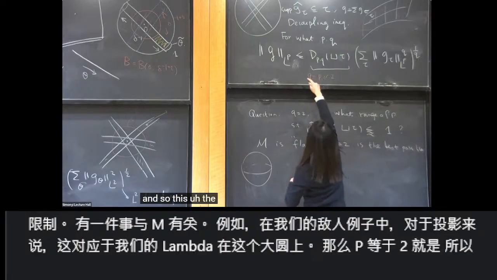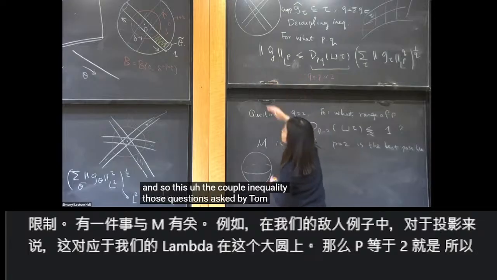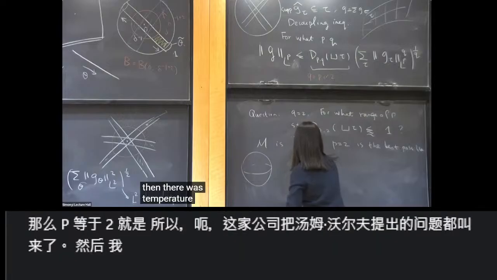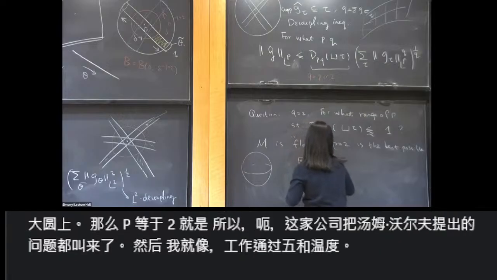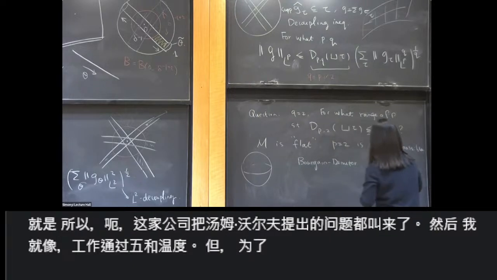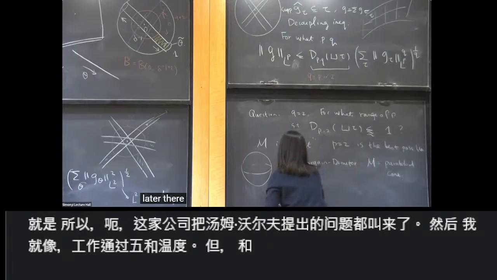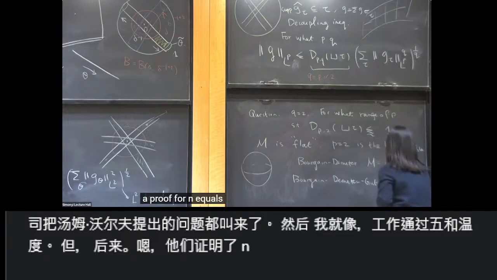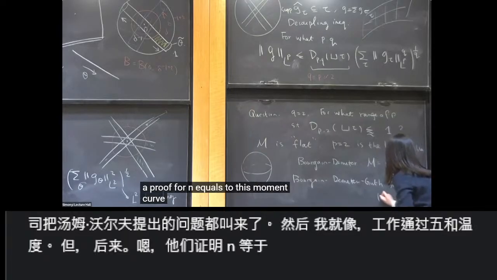And this decoupling inequality, those questions were asked by Tom Wolff, and then there was a breakthrough by Bourgain and Demeter, where they proved it for M a paraboloid. And later there is work of Bourgain, Demeter, and Guth, where they proved it for M equal to this moment curve.